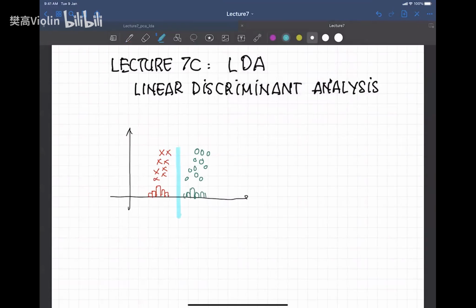But what happens if you have different types of distributions? What happens if you have this kind of distribution here, and this one is your green?